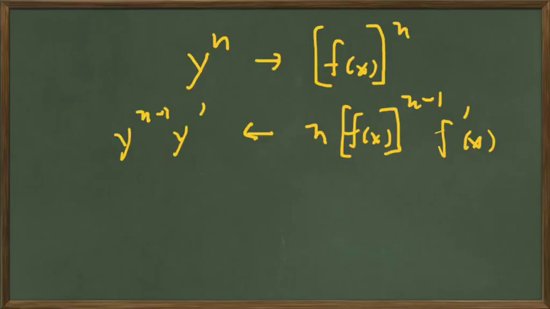And so note that this is very similar to the derivative of x to the n by the power rule, which is n x to the n minus 1.